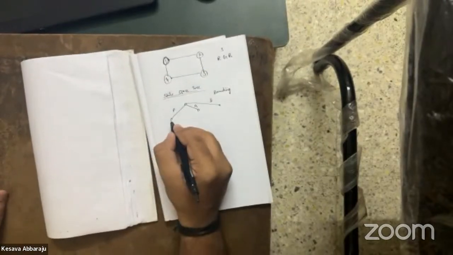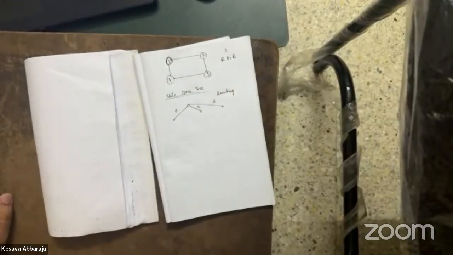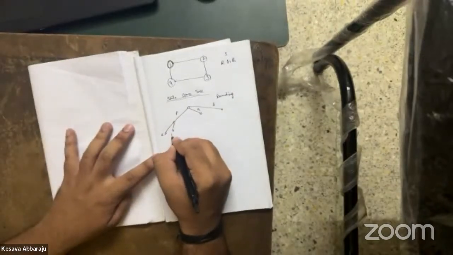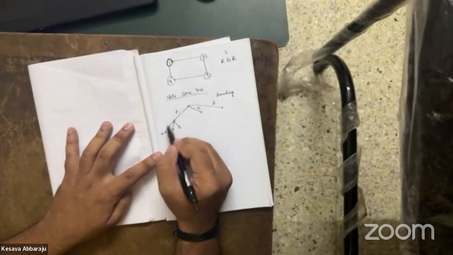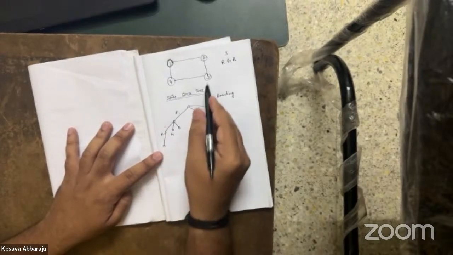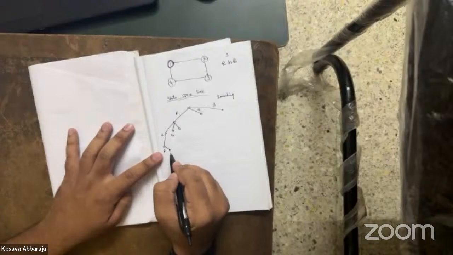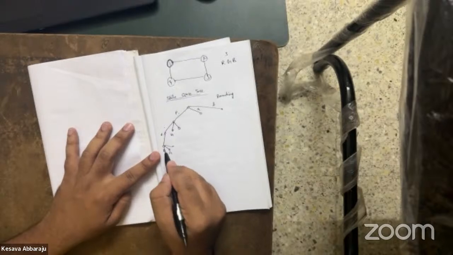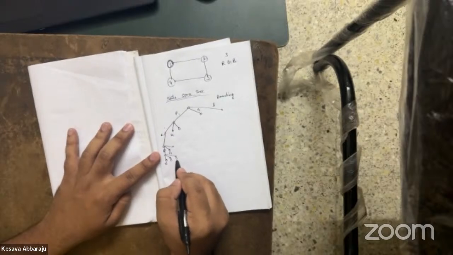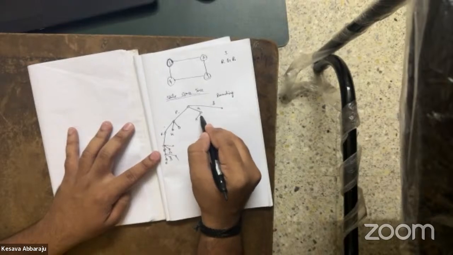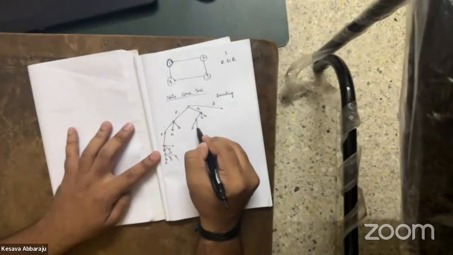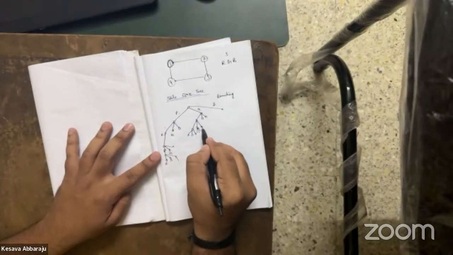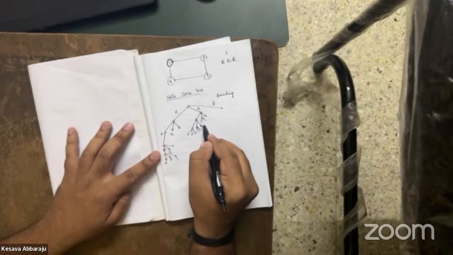If it takes red, my second node can also take red, green, blue. This is the first, this is the second. My third can take red, green, blue, and my fourth also can take red, blue, and green. Like this, we have all possibilities, right?